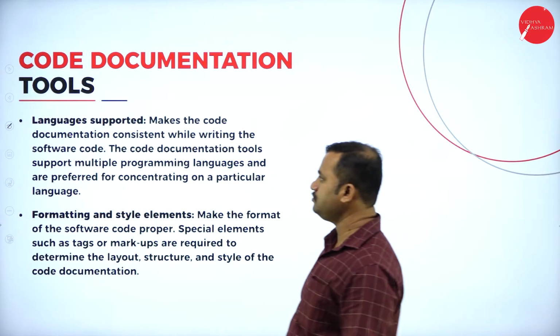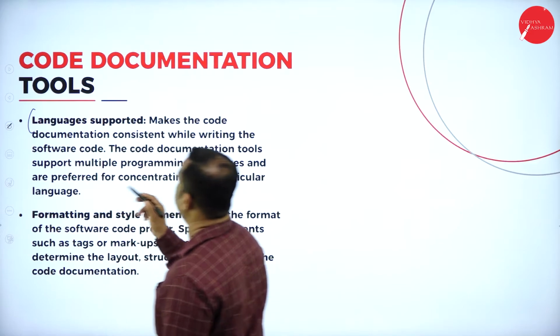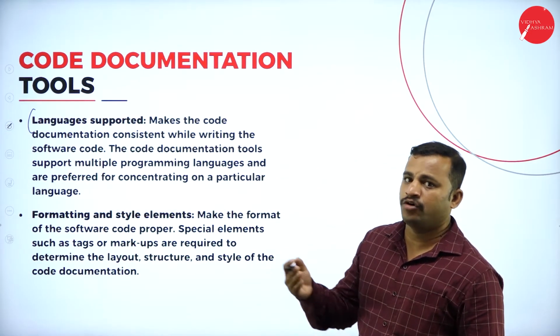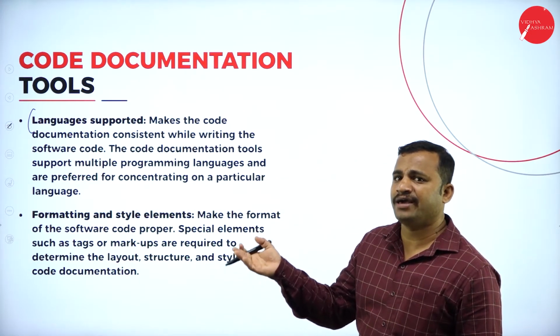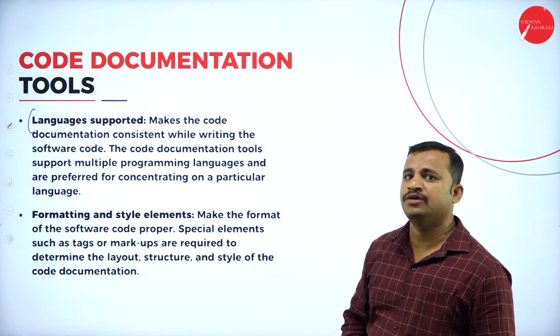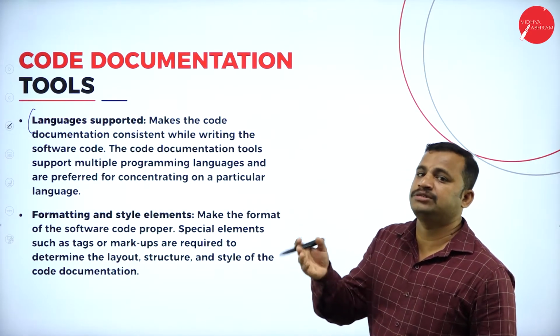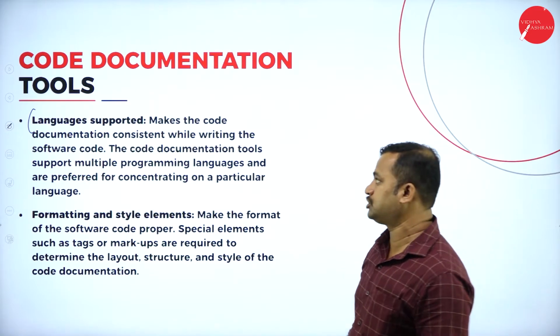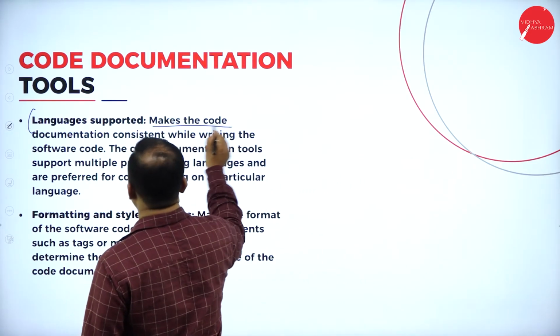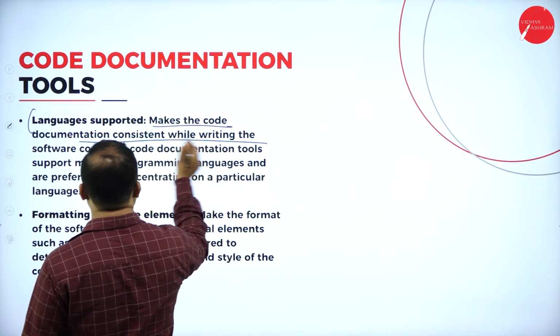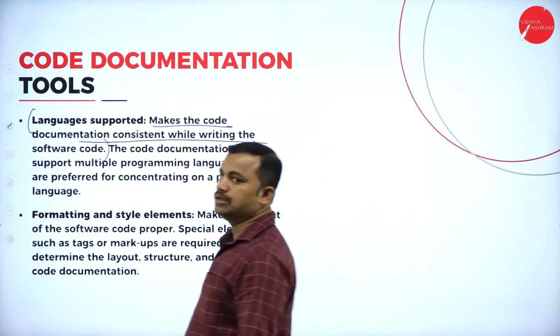Then languages supported, because I have already discussed with you that different languages support different types of Java documentation. That means different types of documentation tools. That makes the code documentation consistent while writing the software code.